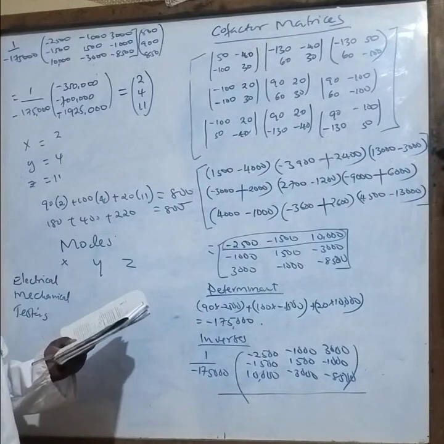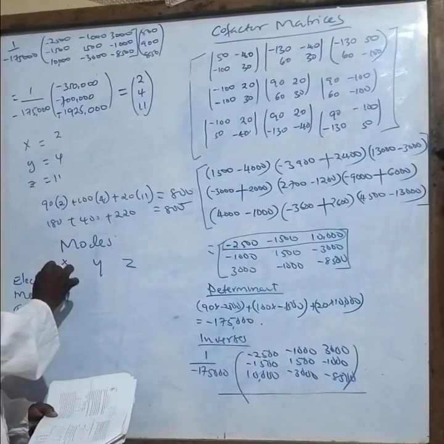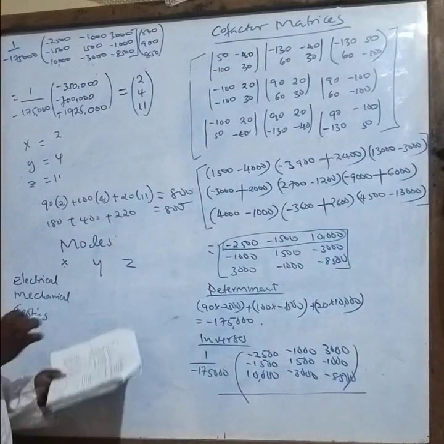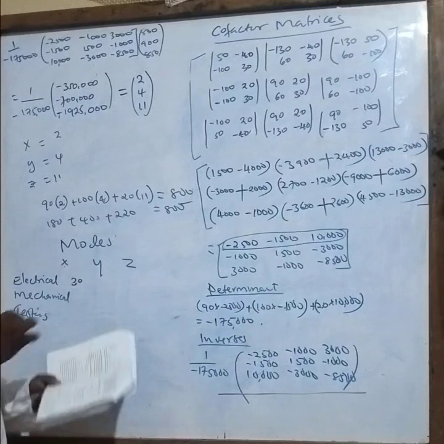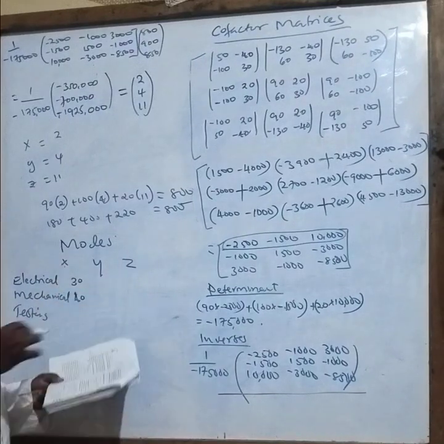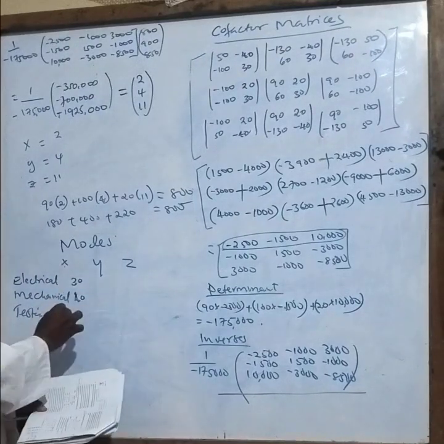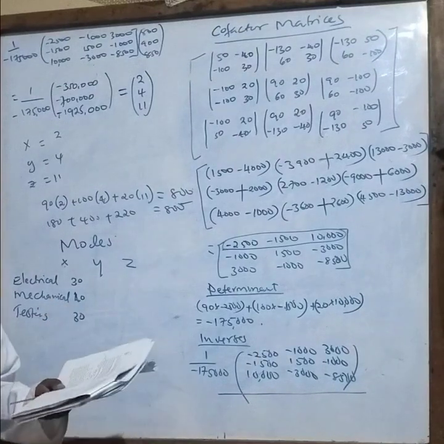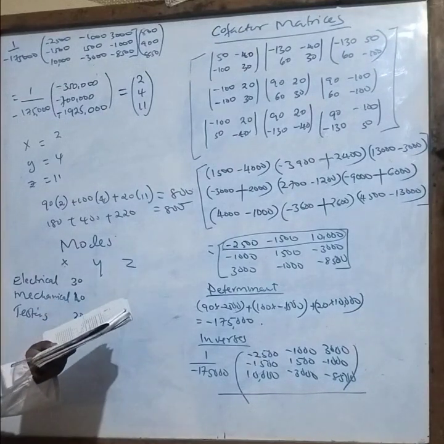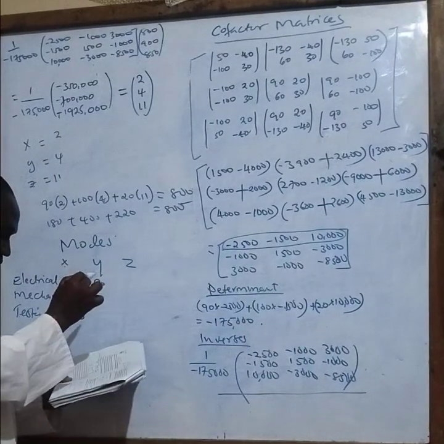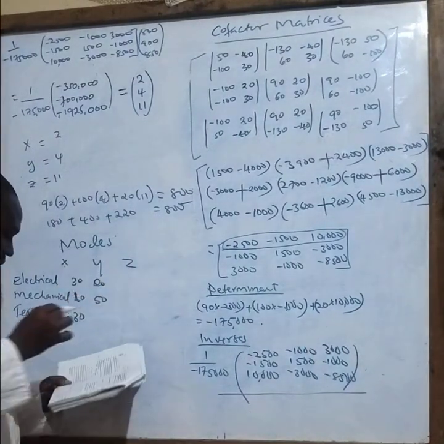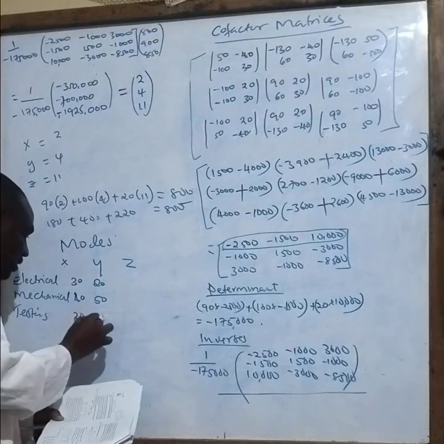each model of X, this X here, requires 30 minutes of electrical, 40 minutes of mechanical, and 30 minutes for testing. Then for Y, it wants you to say 20 minutes, 50 minutes, and 30 minutes.